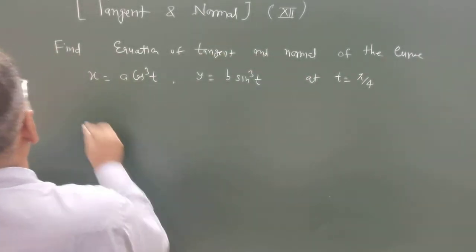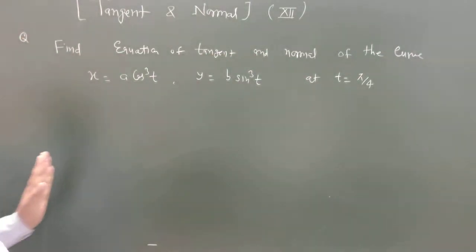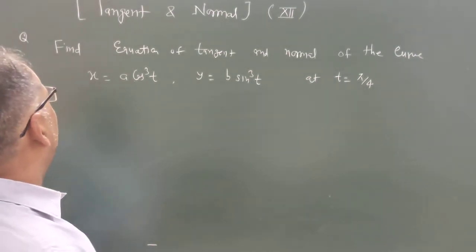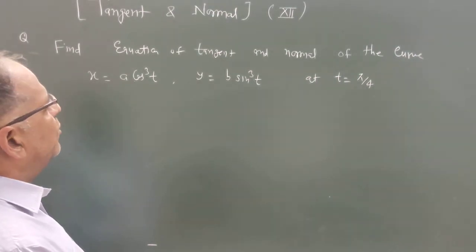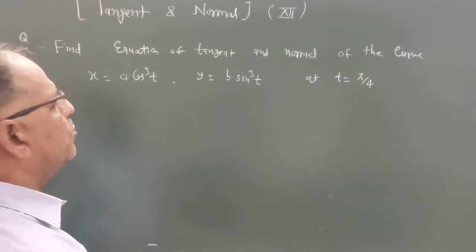In this question, we want to find the equation of tangent and normal of the curve x equal to a cos cube t, y equal to b sin cube t at t equal to pi by 4.